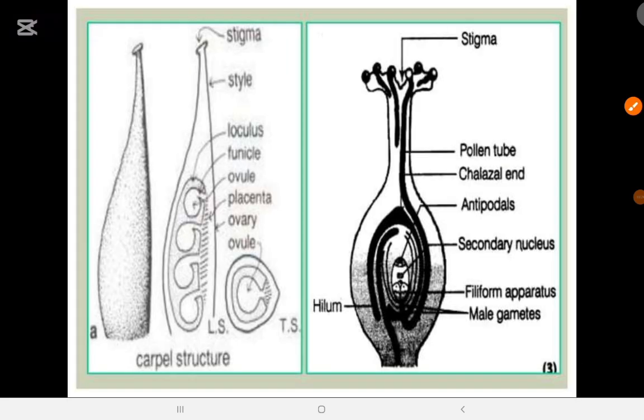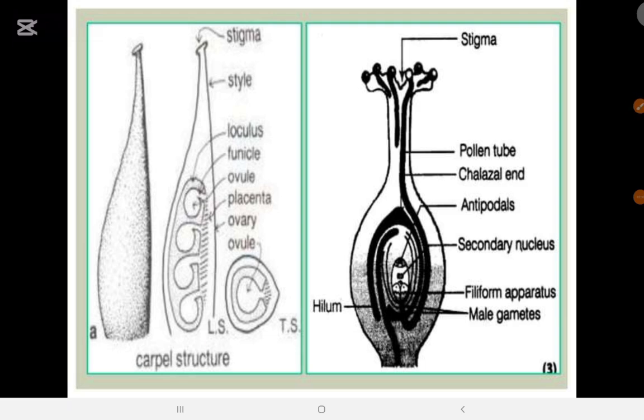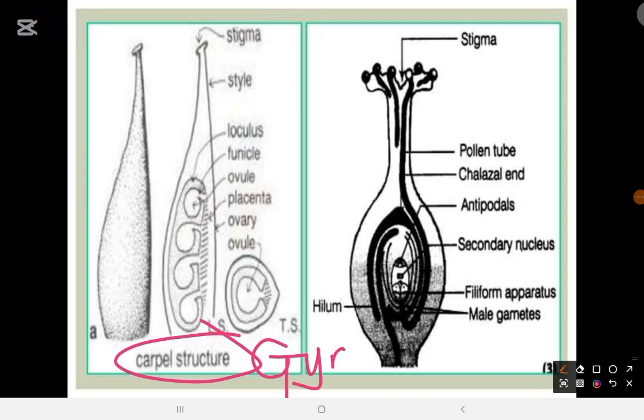Now there is the female reproductive system here, which is basically the carpel. Remember, we call those of the male the stamen or androecium, and we call those of the female the carpels, or the group of carpels. We call them gynoecium. Is that okay?